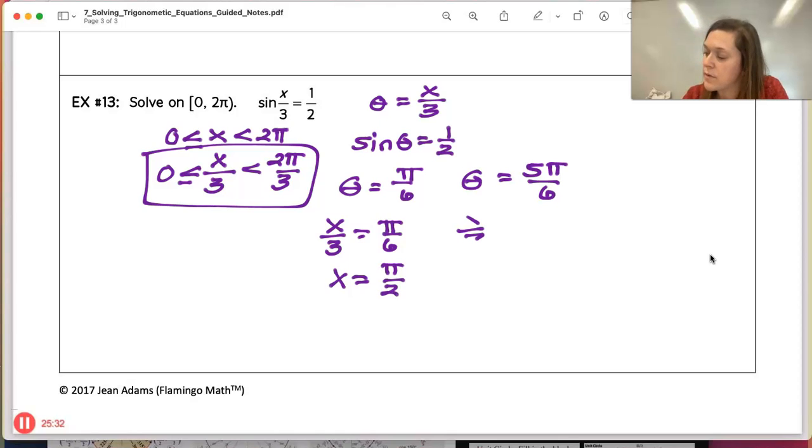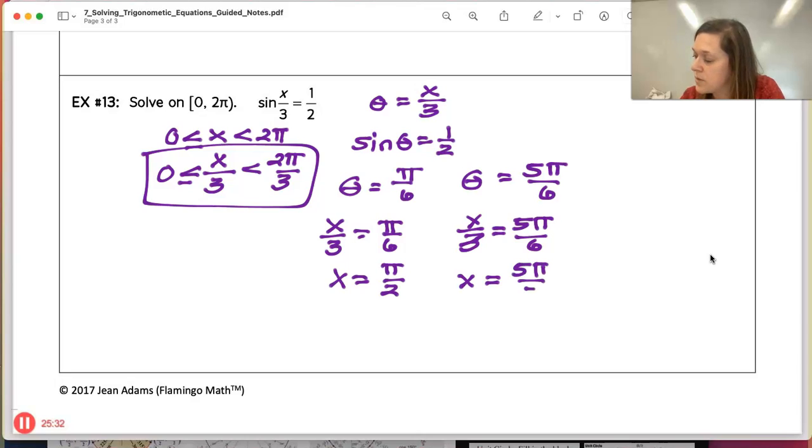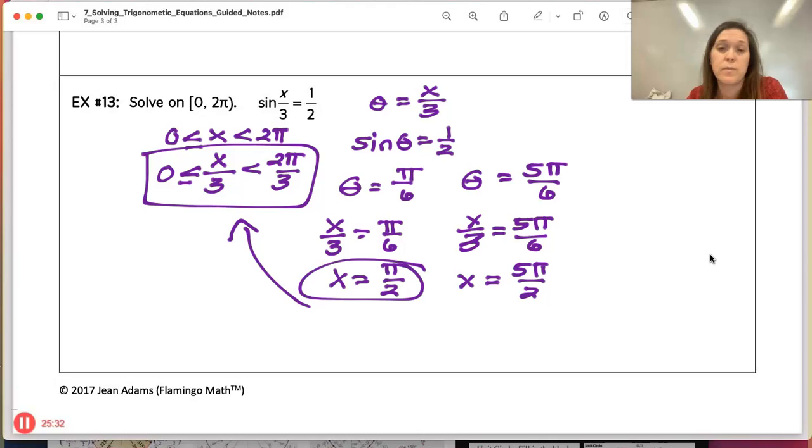And then here, x over 3 is equal to 5 pi over 6. Multiplying by 3 is going to get you, what, 5 pi over 2? But what did we say our original x needed to be between? Well, it needed to be between 0 and 2/3 pi. Well, pi over 2 is between 0 and 2/3 pi, but 5 pi over 2 is not. So my only solution to that equation is pi over 2.